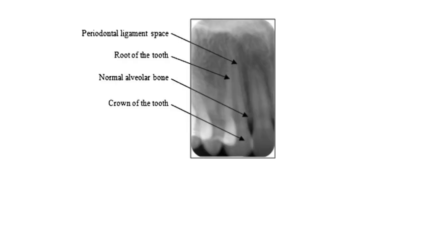Radiographically, looking at the healthy periodontium, we may find here, for example, the crest of the alveolar bone. It should be well defined. It should be away from the cemento-enamel junction by 0.5 to 1.5 millimeters.